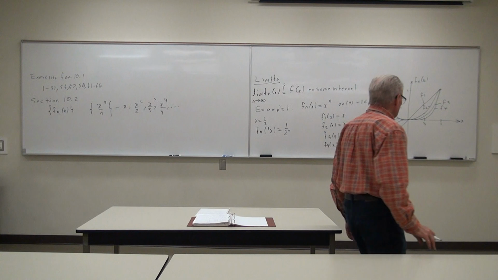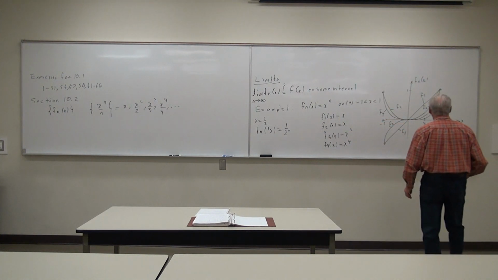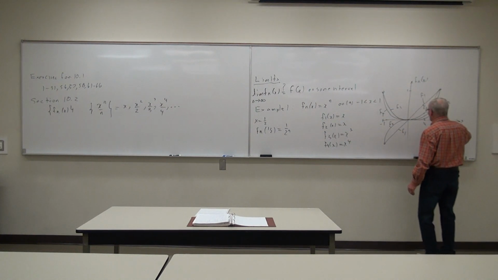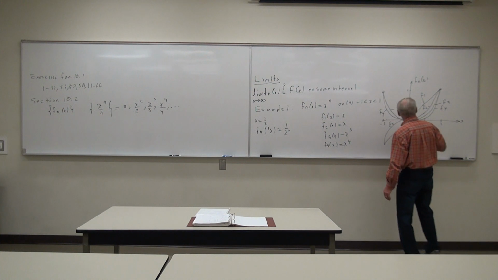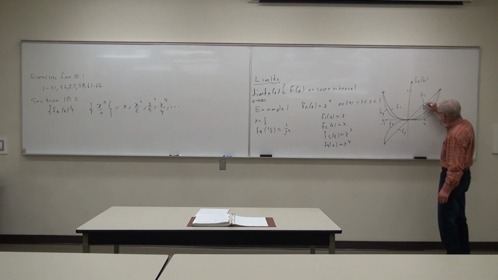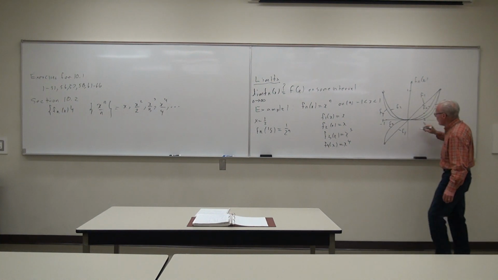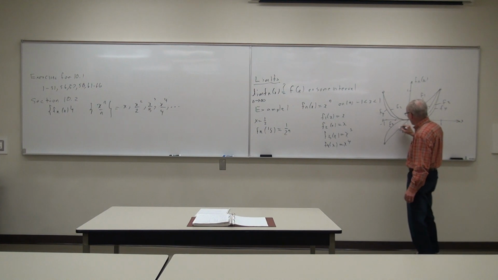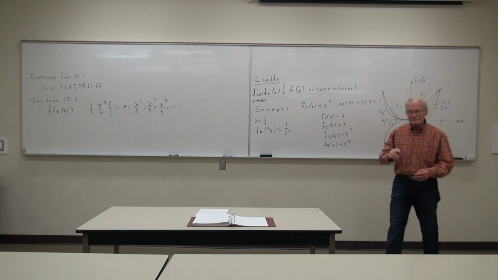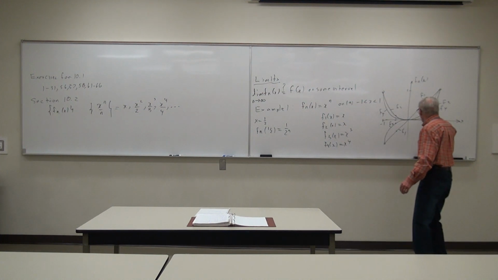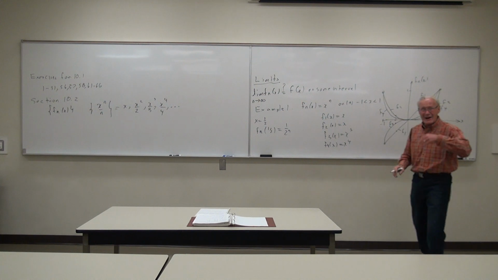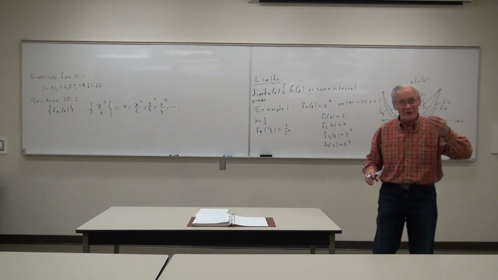But is it true that every one of the sequences of numbers, no matter what, look at the difference between this and the sequence over here. Numbers are getting smaller, smaller, smaller. Over here, if you took minus a half, it's down here, then it's up there, then down here, then up there. So it's not like this one where the terms are getting smaller. They're oscillating up and down, positive, negative, positive, negative.